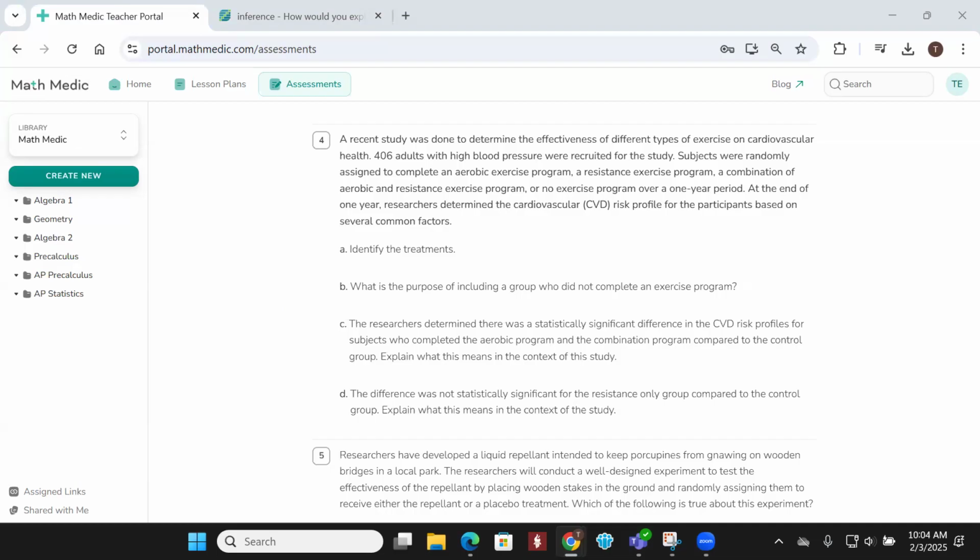All right, part C. The results determined there was a statistically significant difference in the CVD risk profiles for subjects who completed the aerobic program and the combination program compared to the control group. Explain what this means in context of the study. So what does this mean?